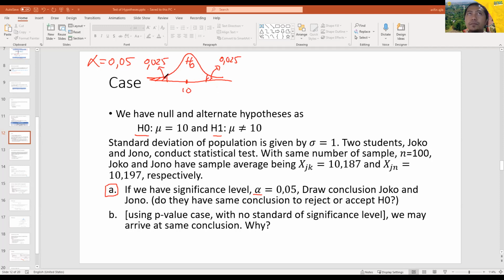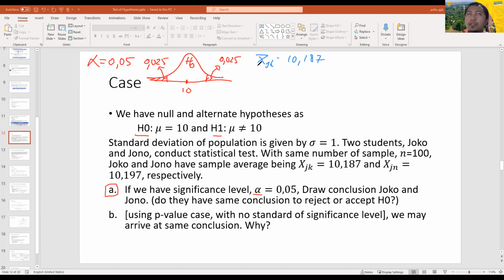And then, actually, we use a different color. This is Joko, who has 10.187. Where is it?